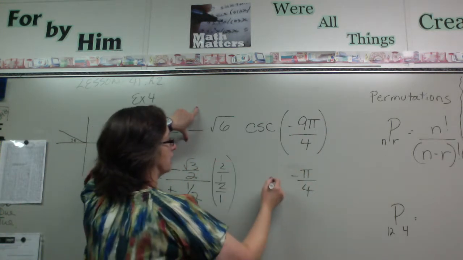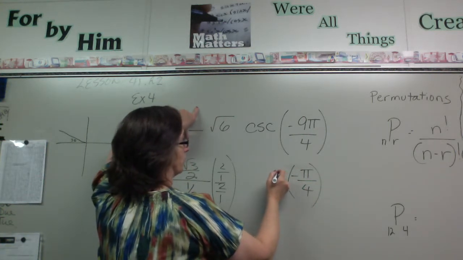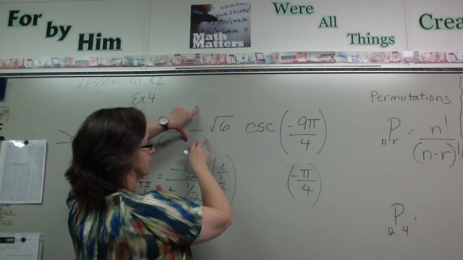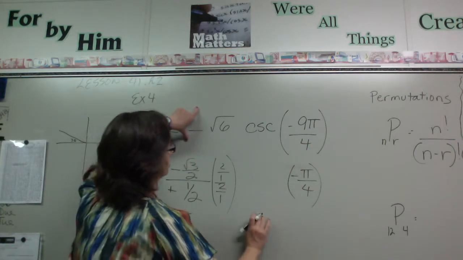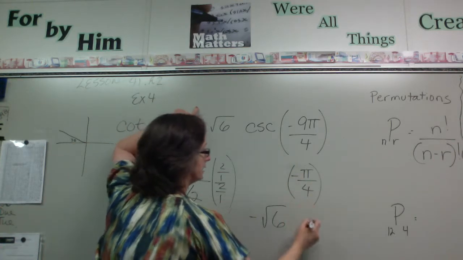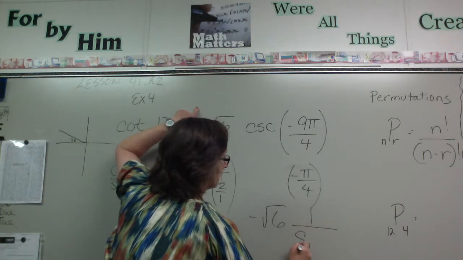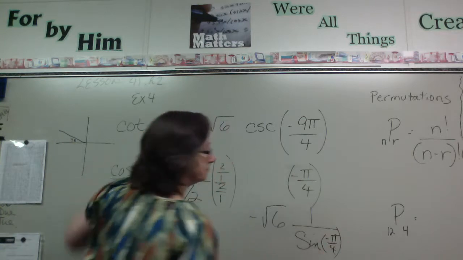So we've got the cosecant, which is 1 over the sine, and we've got this negative square root of 6, and this becomes the negative pi over 4. So let's just jump down here: negative square root of 6, and the cosecant is 1 over the sine of a negative pi over 4.